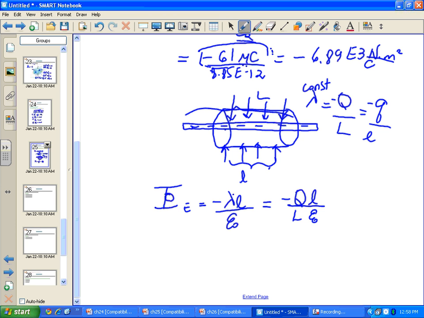So if lambda is what's given to us, and we know the length of the cylinder, we use this expression for Q in. If, on the other hand, we happen to know the total charge, the total length, and we're given the length of the cylinder, then this would be our choice for determining the charge inside.